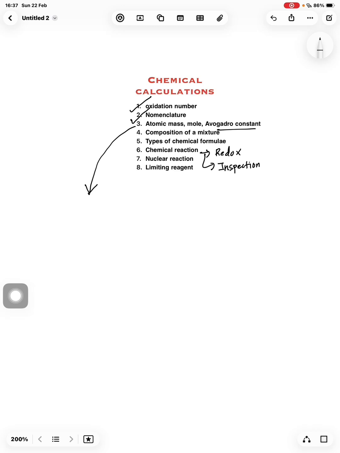So scientists have created some smart counting system, and that system is based on atomic mass, mole, and then Avogadro constant. It's like counting the atoms. Since we can't count them directly, these are the smart counting system invented by scientists.